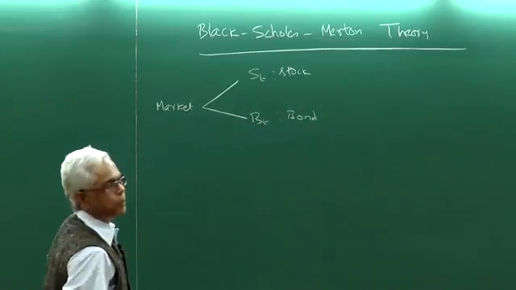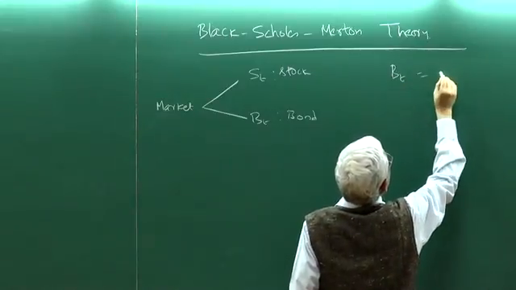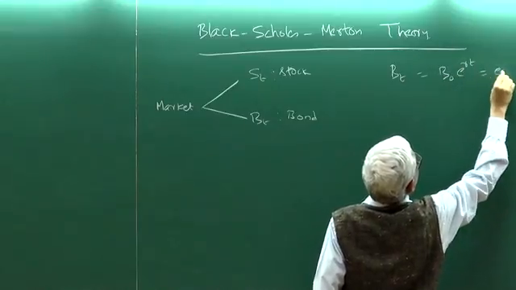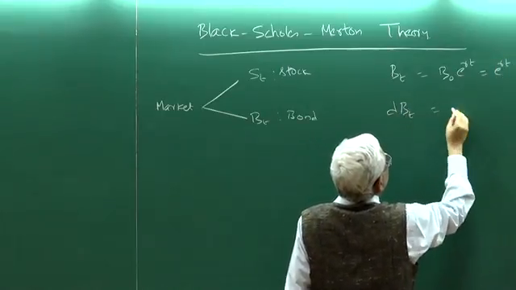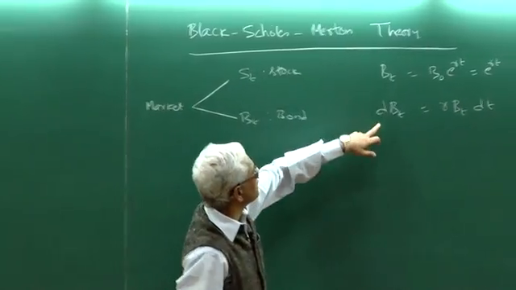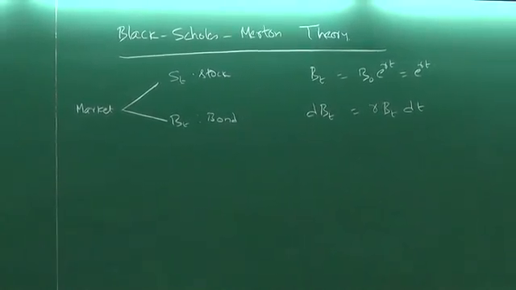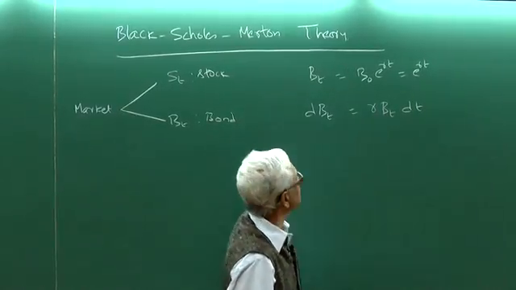Now the bond has a very simple evaluation. B_t equal to B_0 e to the power rt, where B_0 is 1, which is e to the power rt. Therefore dB_t is r B_t dt, that is dB_t over dt equal to r e to the power rt. So this is a very simple equation satisfied by the bond. It's a deterministic equation. r is the return on the bond, or the rate of interest, or the growth rate.